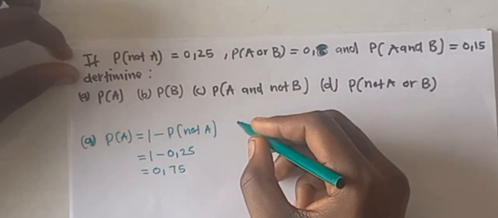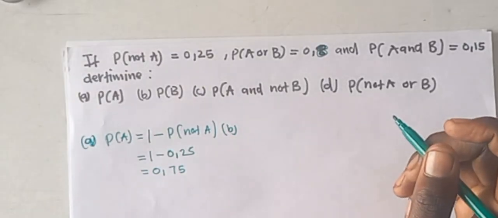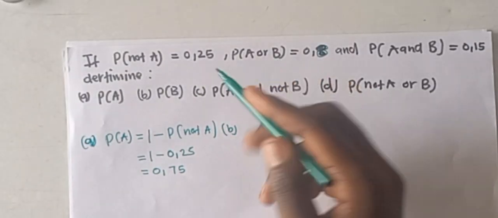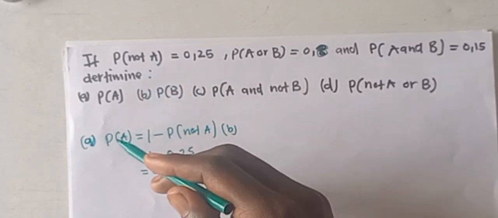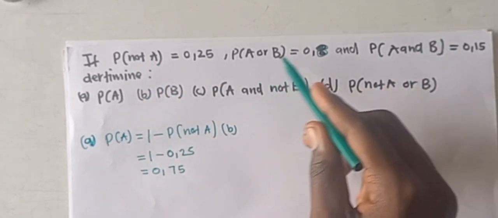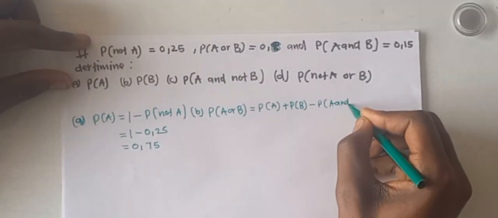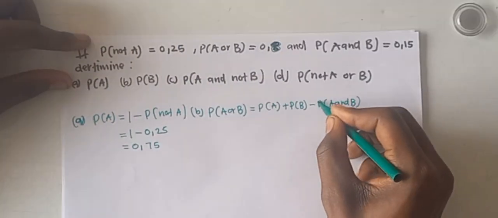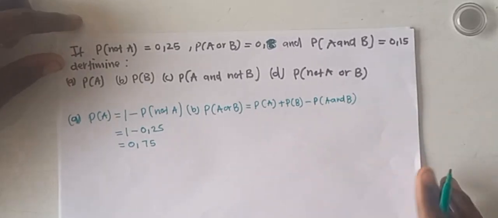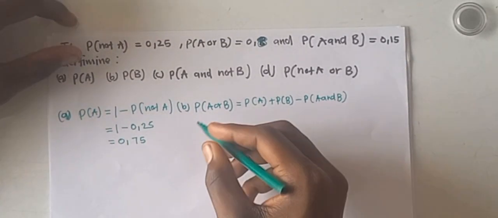Going to letter B, they want the probability of B. If we take a look here, we have the probability of A, the probability of A and B, and the probability of A or B. So we can make use of our formula. If you don't understand this formula, I've made a video explaining absolutely everything, where it comes from.